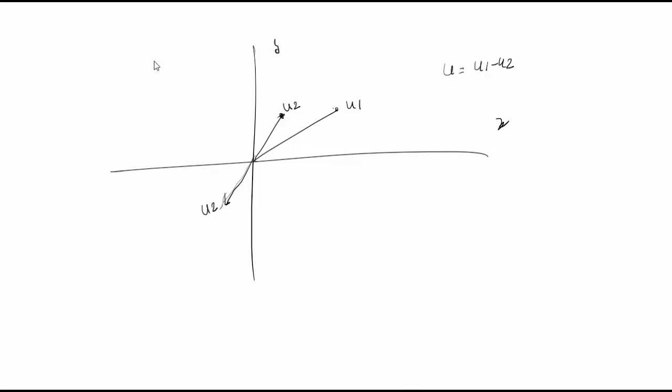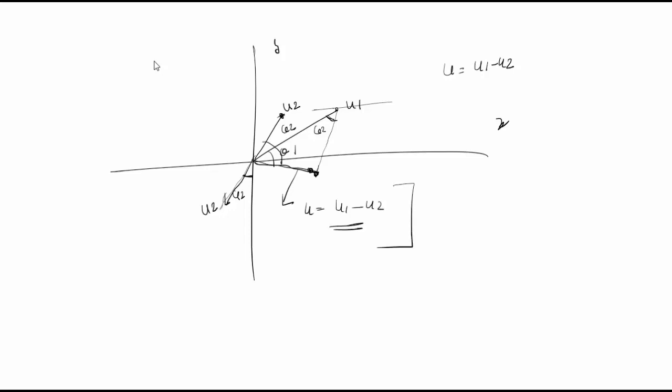I will have to project it exactly on top of this, and you will have to keep in mind the angle. This is theta 1, this is theta 2, and whatever you are getting here is your u, equal to u1 minus u2.